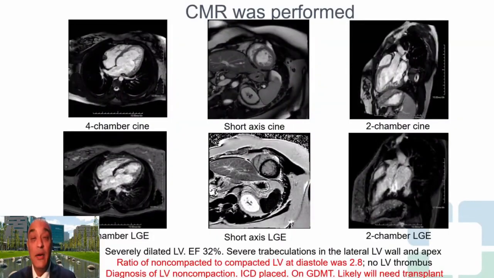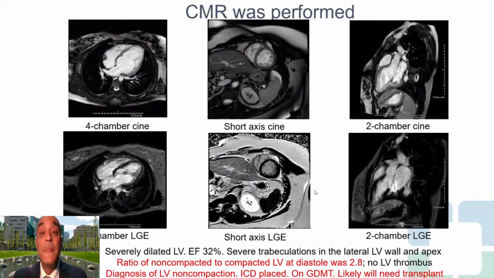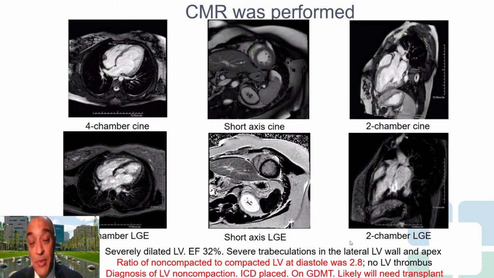The person underwent multiparametric cardiac MRI, which confirmed a significant amount of trabeculation in the lateral wall as well as the infralateral wall on multiple chamber views. There was no myocardial fibrosis. EF was thought to be around 32%.